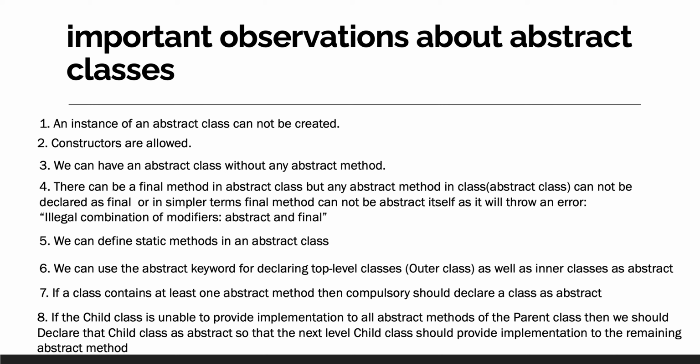But if the child class is not providing the implementation for some of the methods, then that child class has to be declared as abstract, and whoever extends this child class is going to provide the implementation.